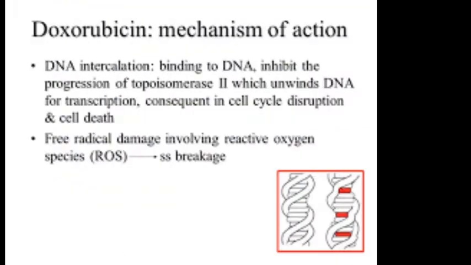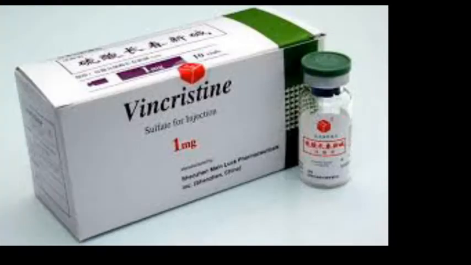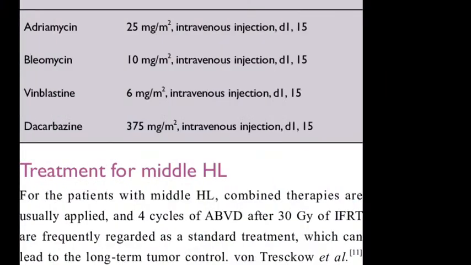Doxorubicin is doing what? It unwinds DNA for transcription, inhibits the progression of topoisomerase, and also generates ROS, which is toxic for cancer tumor cells. And vincristine is like this one, and adriamycin, bleomycin, vinblastine, dacarbazine.